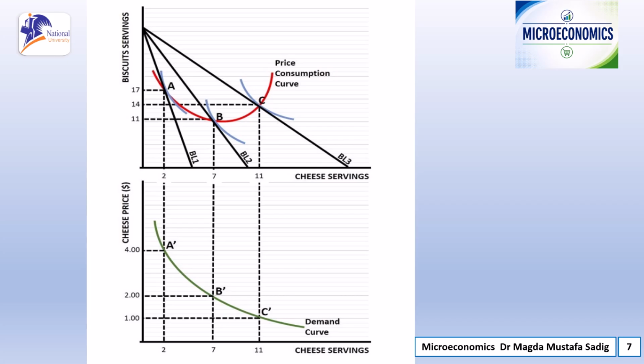This gives us a downward sloping demand curve, and this is exactly what the law of demand tells us. Consumers generally buy more of a good when its price falls and less when its price rises, assuming other factors remain unchanged. Whenever you see a downward sloping demand curve, remember that it reflects the rational decisions consumers make to maximize their satisfaction.